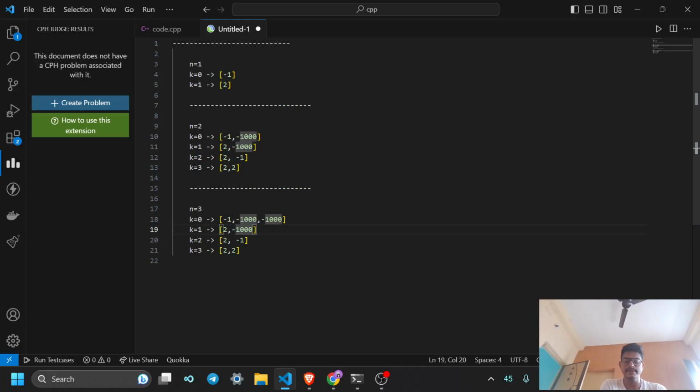All the negatives are the answer. So this is the thing that we need to understand: by adding a large negative integer, I am just keeping my answer safe.